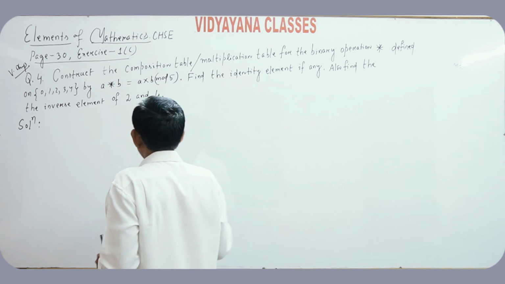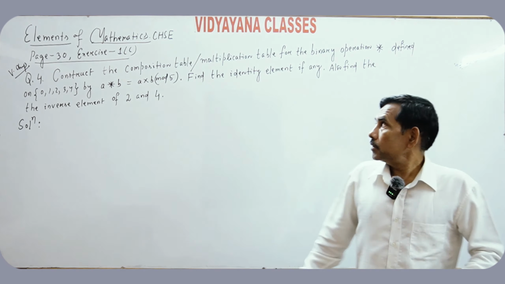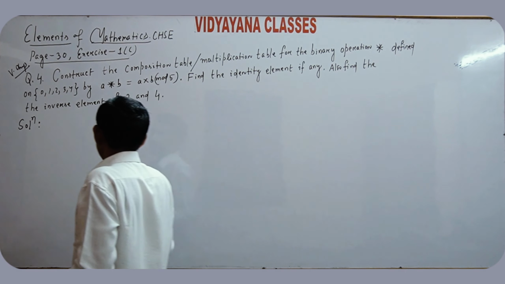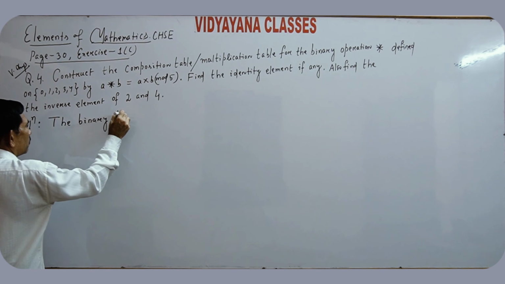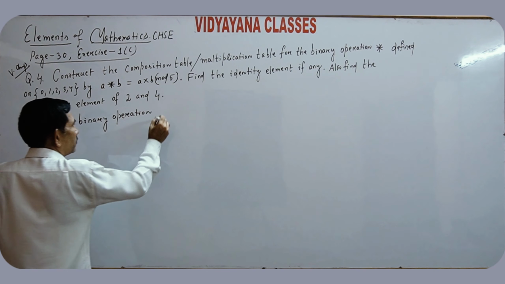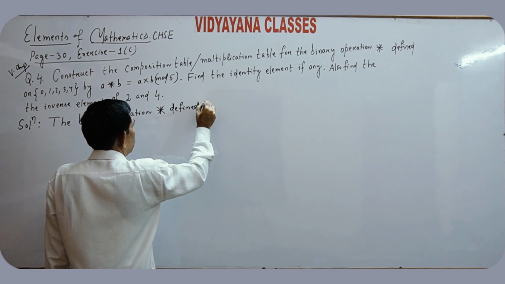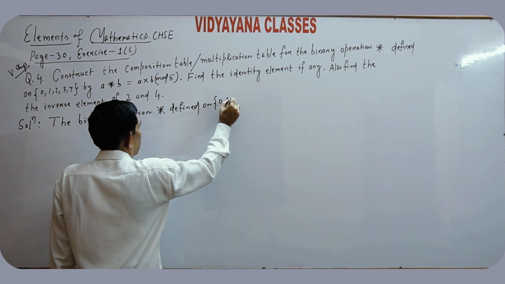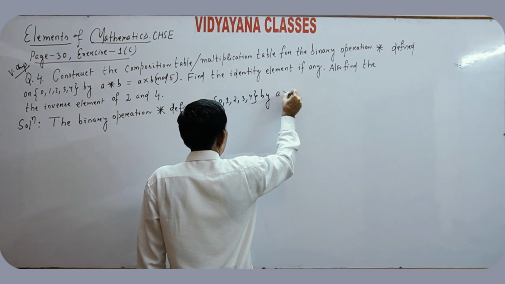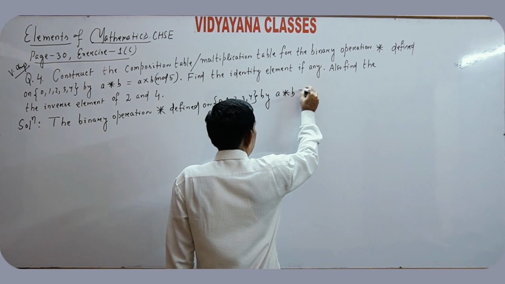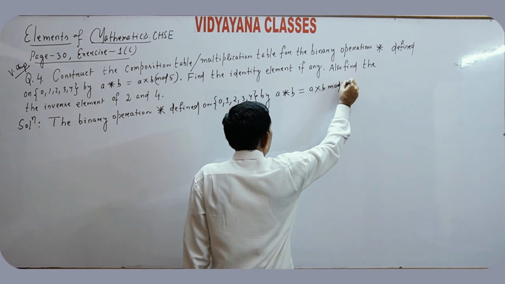The binary operation star is defined on the set {0, 1, 2, 3, 4} by a star b is equal to a into b mod 5.